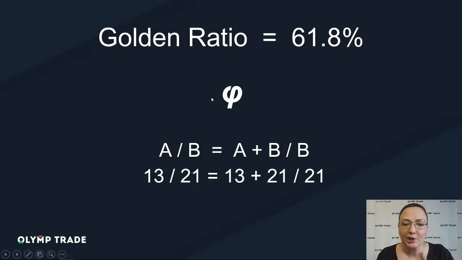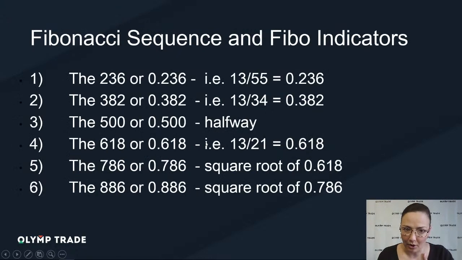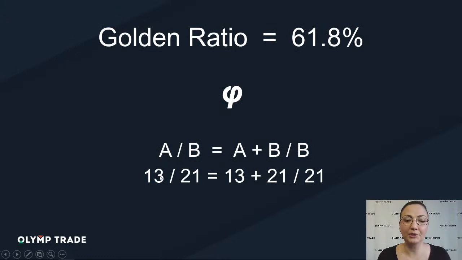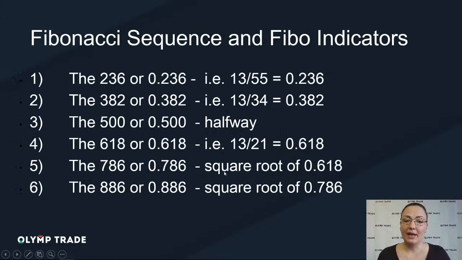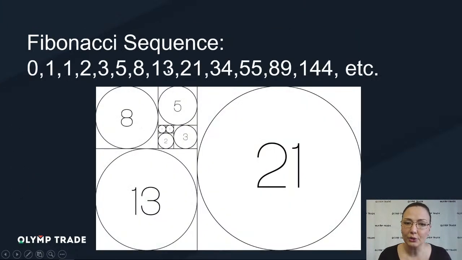The golden ratio means that this equals this. So A is 13. Remember our sequence numbers, my friends. So these are our Fibonacci sequence numbers. A is 13, 21 is B. And the really cool thing is that 13 and 21 come right after each other.